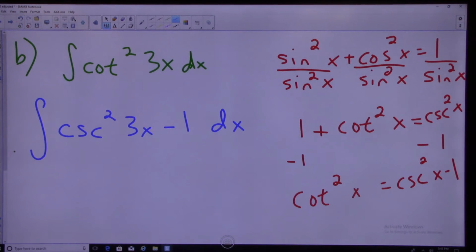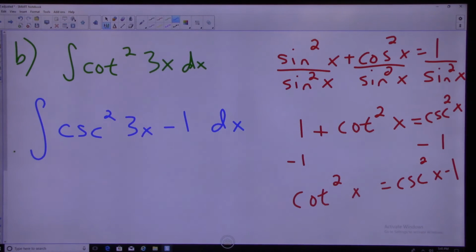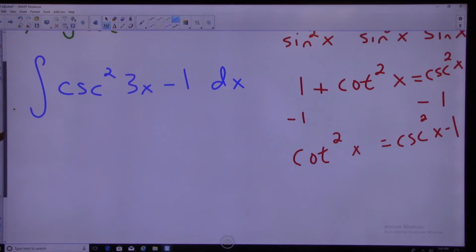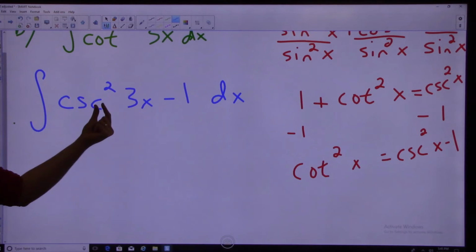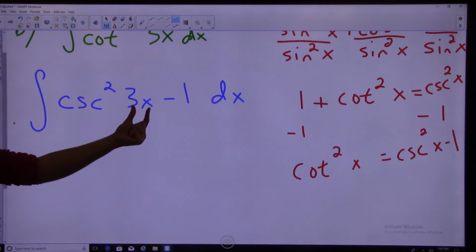The reason that helps us out a lot is because we have a formula for cosecant squared. Look at it, formula page, right here. There it is again. So cosecant squared, the formula for it is negative cotangent. But before we do that, we need to use this. The formula tells us cosecant squared of u.